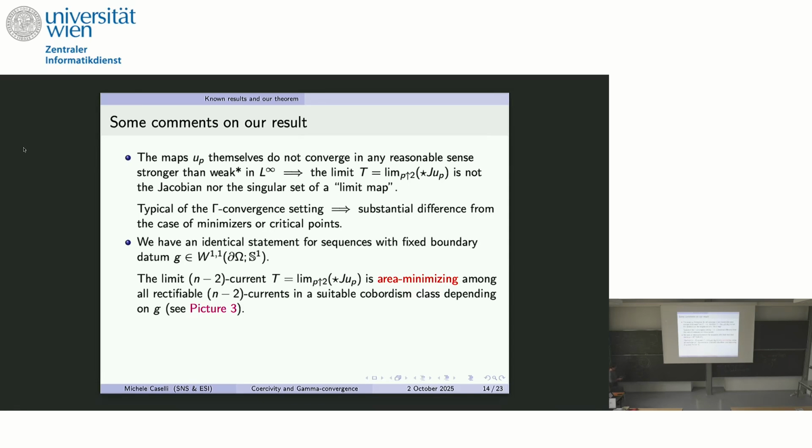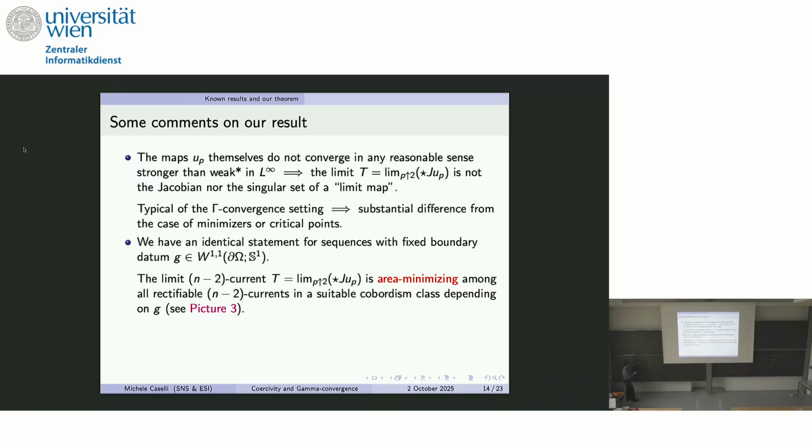Now the point I want to make is that these two boundary datums, G1 and G2, have the same vortices, so they have the same Jacobian at the boundary, but they behave differently on the whole torus.